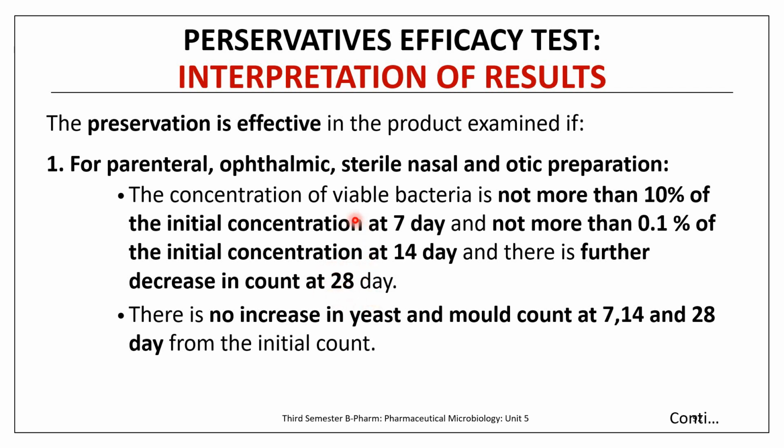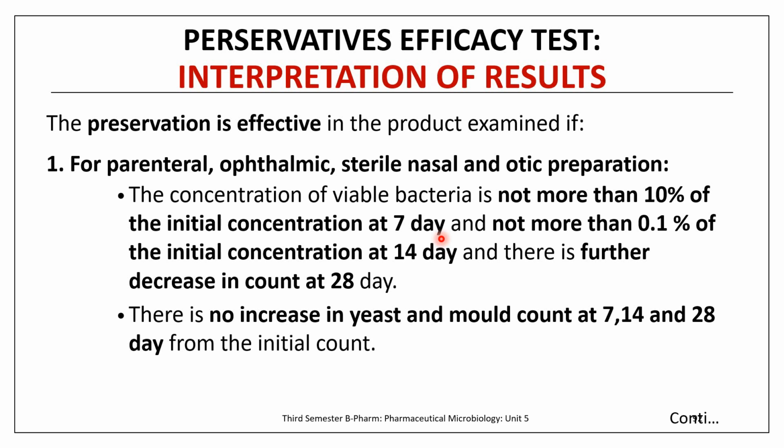So why are we mentioning this? Because there is a large initial number. In the first phase of this experiment we are adding 0.1 ml, which contains 10 raised to 8 colony forming unit per ml of microorganism, into 20 ml.